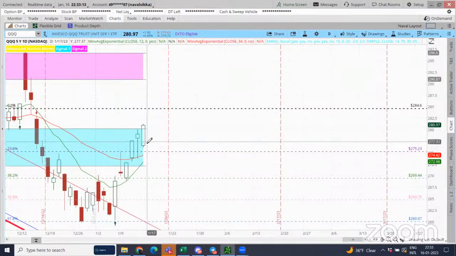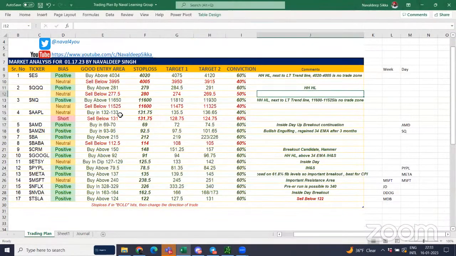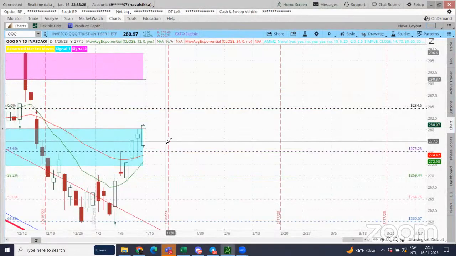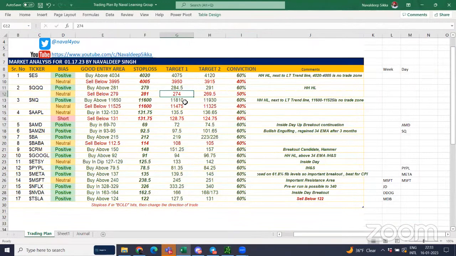If I have to go short, I would go short below 279. Stop loss 281. Target would be 277.50 and 274.5. So this is 40%.